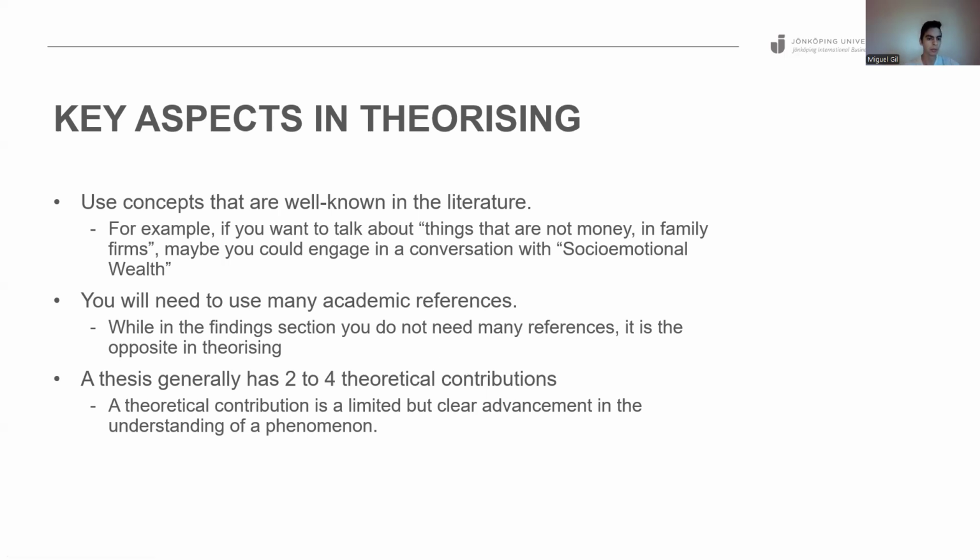Another important point is that in a dissertation, you usually have between 2 and 4 theoretical contributions. In this assignment, it is clear that there will be at least 2 theoretical contributions. One connected to the quantitative part of the research, like your hypothesis testing. If you fully support your hypothesis, it has some consequences for the theory and the literature. So now that we know that you fully support it, what is now clearer? What previous contradictory aspect did you solve?